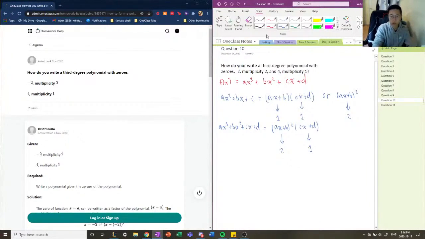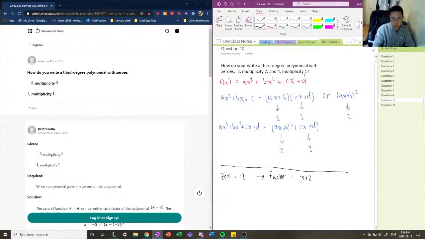So going back to our original question, they gave us the zeros, right? Which is -2 with multiplicity of 2. So we know that the first zero of -2 will be squared. If the zero is equal to -2, the factor will then be x plus 2, right?